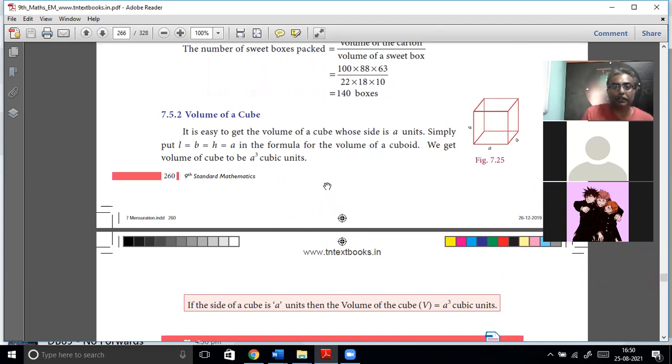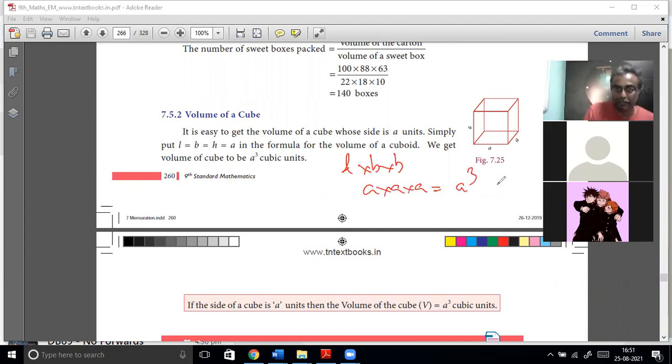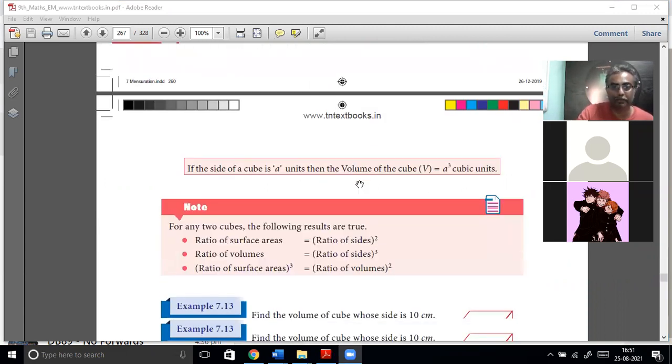So L into B into H is A into A into A, that is A cubed. That is the volume of a cube. Very simple.